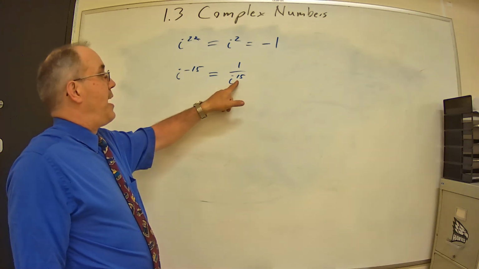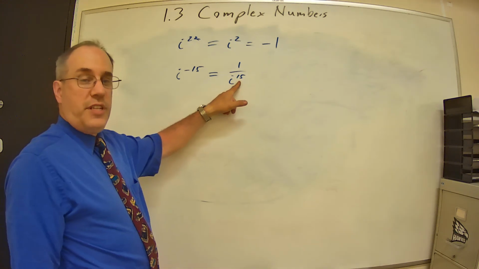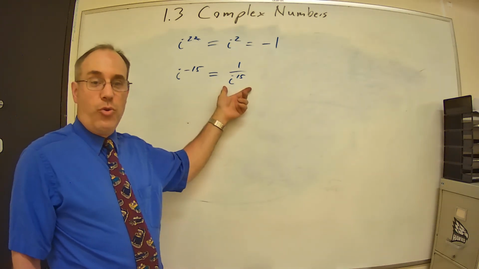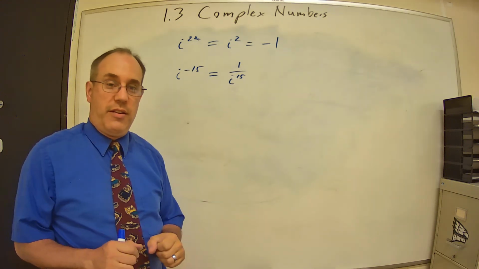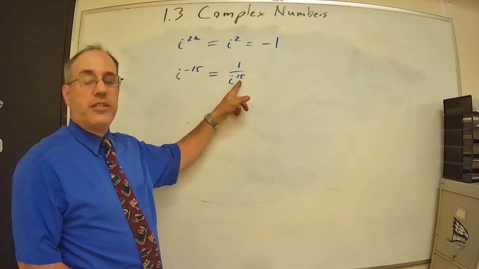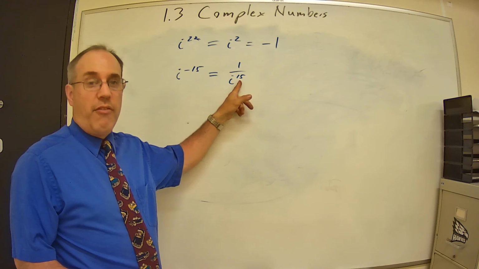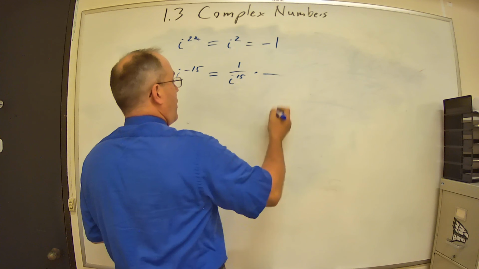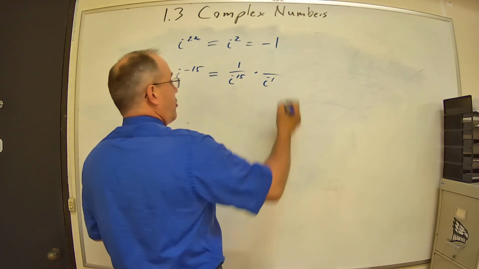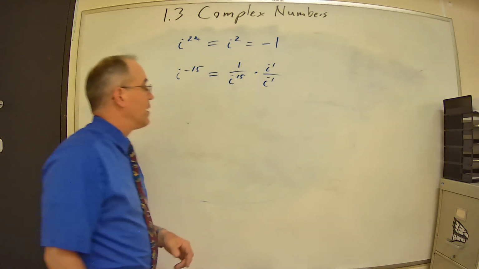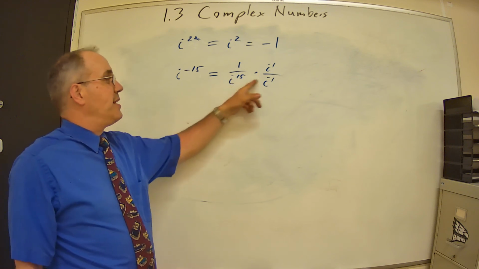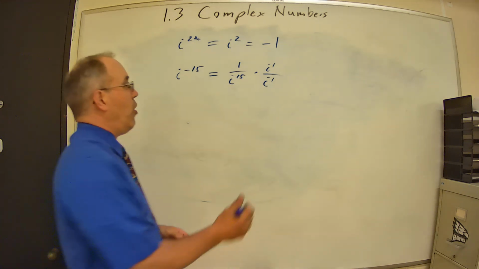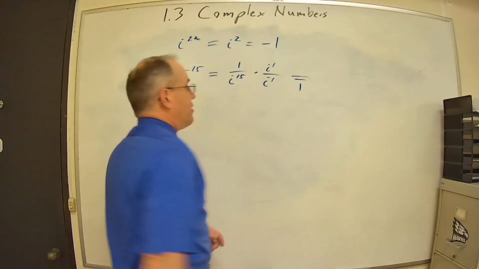What I look at is, well, I've got 15 here. What do I need to turn this into 1? To turn it into 1, I need this to be divisible by 4. So if I multiply top and bottom by i to the 1, then I'm going to end up with i to the 16th, which is divisible by 4 with a remainder of 0, which means I have 1 in the denominator.